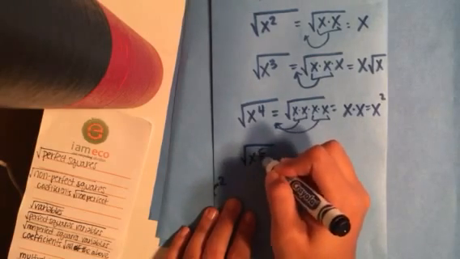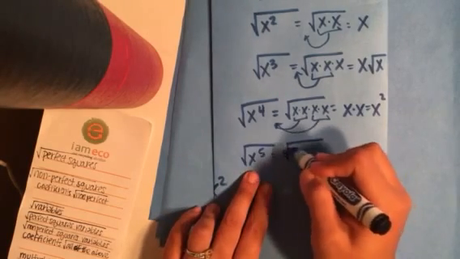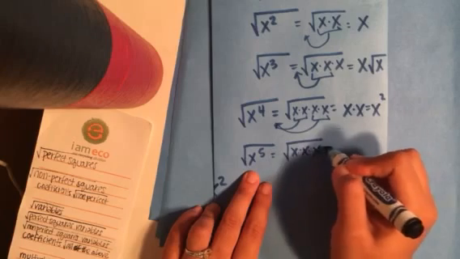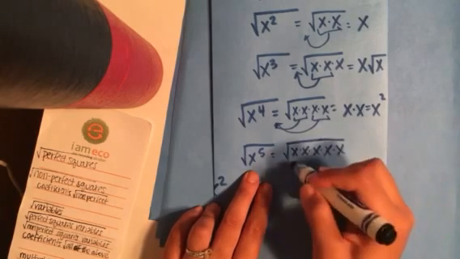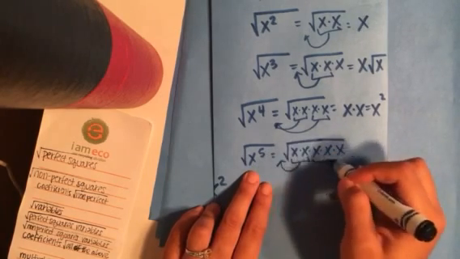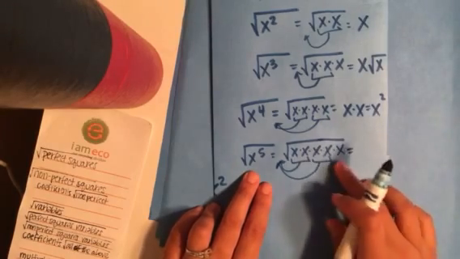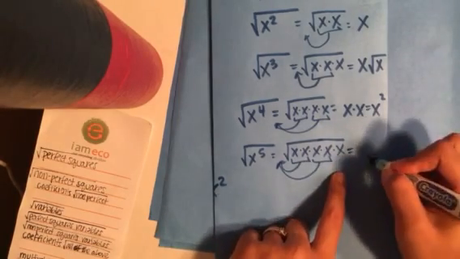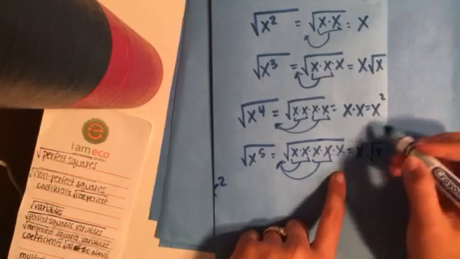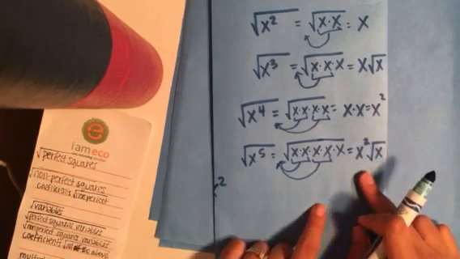Just to keep going, x to the fifth is x times x times x times x times x. We can pull out 2 pairs. We'll just have to leave this one x under the radical. And since we pulled out 2 pairs, we pulled out x squared.